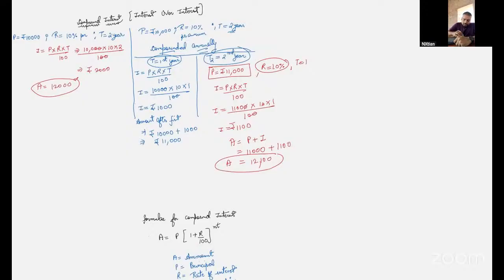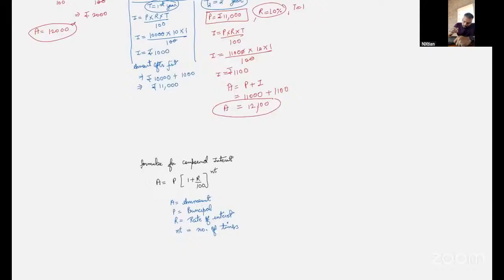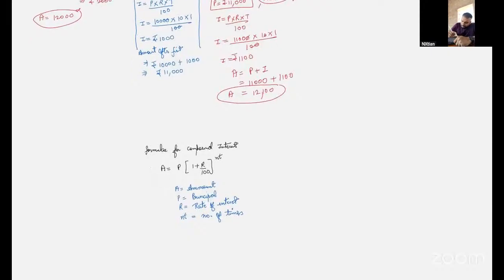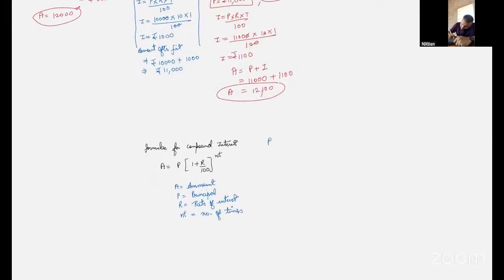So let's check. What was the principal? The principal was 10,000 rupees. What was the rate? The rate was 10% per annum.